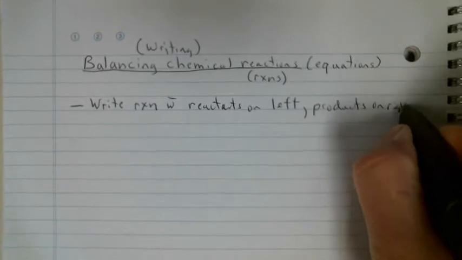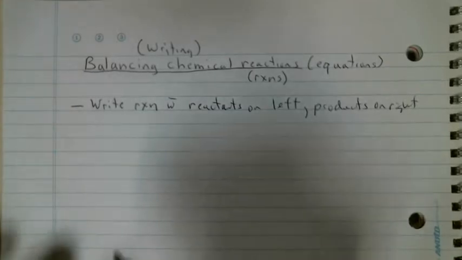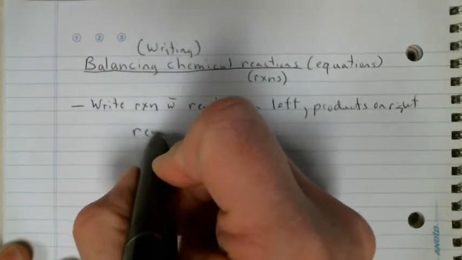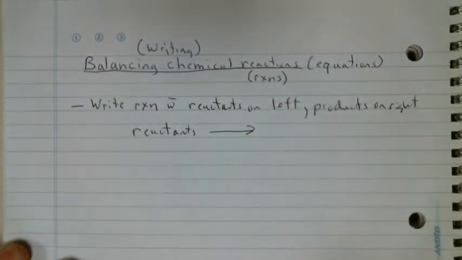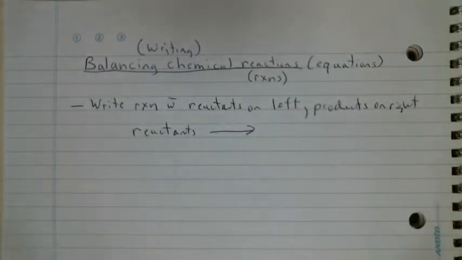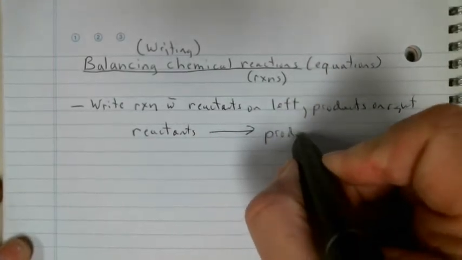And that's just, a reaction can go back and forth. It could go from right to left. But when we write it, it's like this. Reactants over here. A right arrow means is produced by, or the reaction proceeds, and then products.